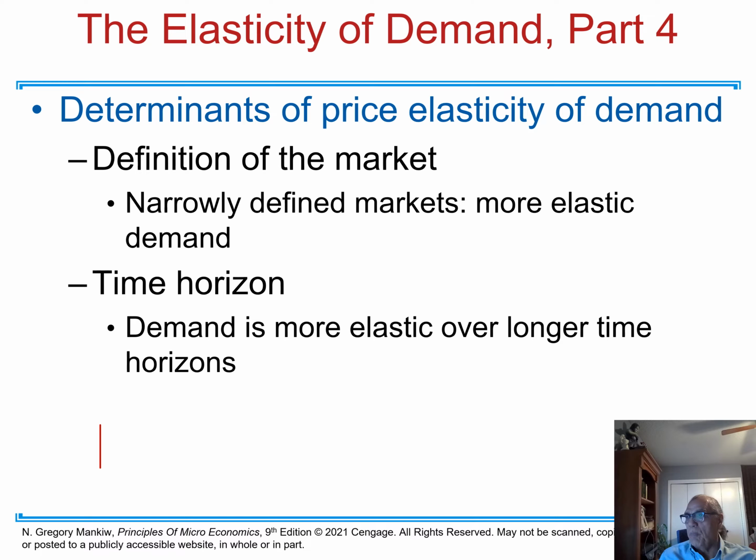In the long term, people have time to adjust to the price changes, and that makes it more elastic. In a short time, if gasoline goes up, we're stuck. We don't have much time to respond to the quantity changes. Okay, we have to go to work, we have to go to school and so on. Then we don't have that much time in the short run. Then it would be inelastic.